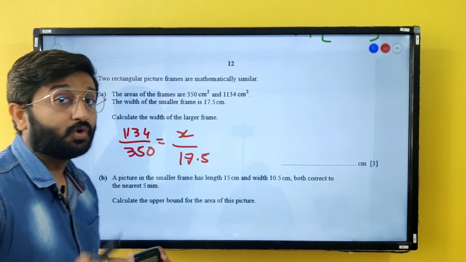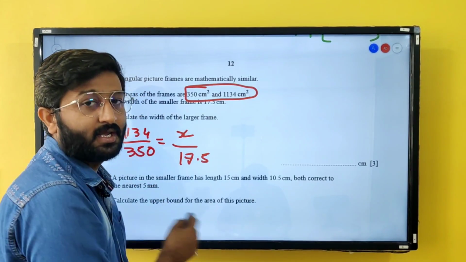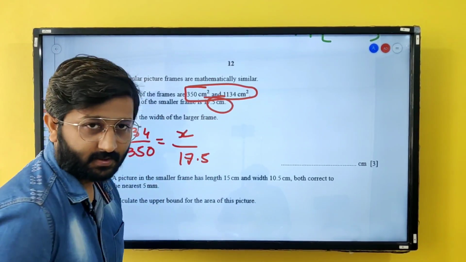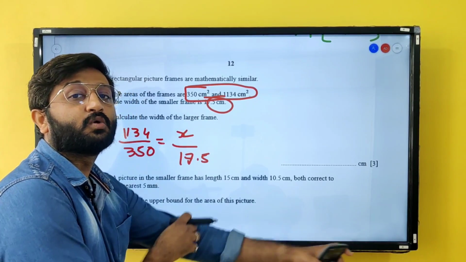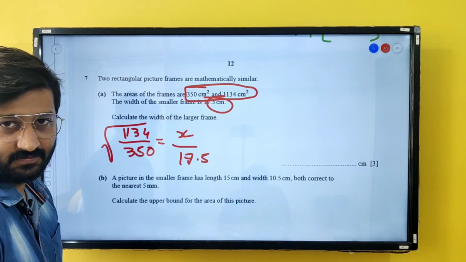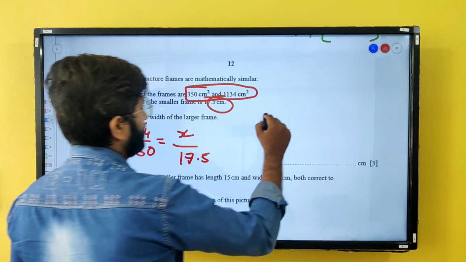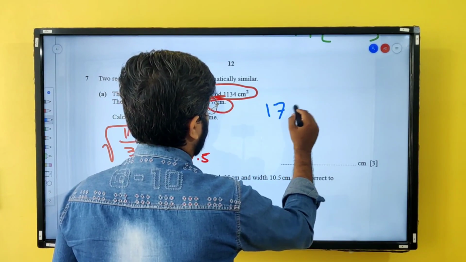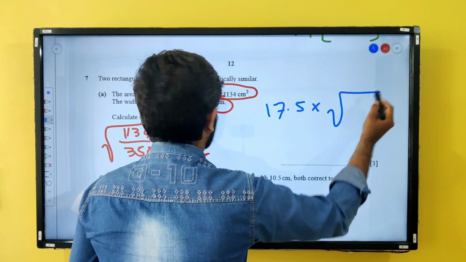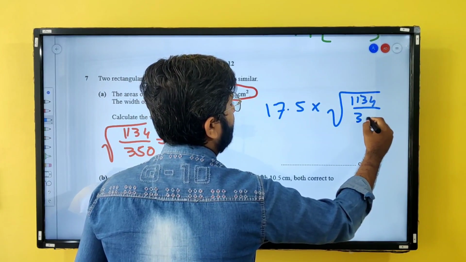But this won't do. Why? Because the units here are centimeter squared and here the unit is centimeter. So we need to make the units the same. So what I'll do? I'll take the square root of this, right? So obviously my x is going to be 17.5 into the square root of 1134 upon 350.